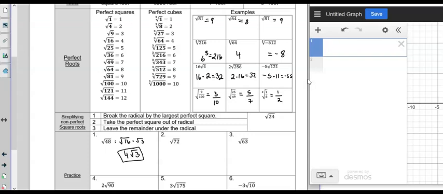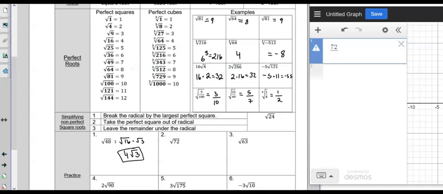Okay, so let's try 72. I want to try to get some perfect squares out of it. Maybe I can start from the bottom this time. So I'll start with the number that's lower than 72. So I'll start with 64 to see. Obviously, it's not going to go into it, so that doesn't work at all. So let me try 49. Nope.